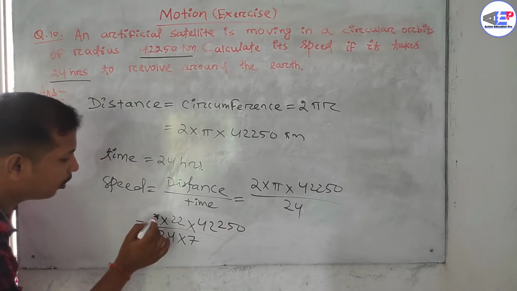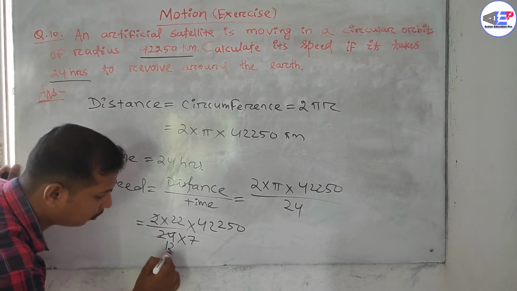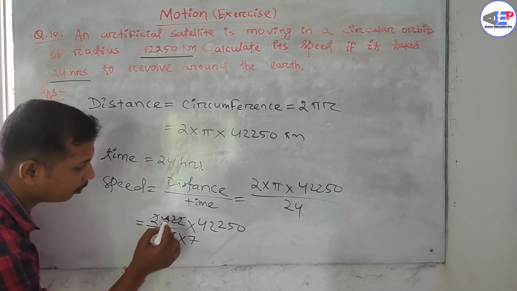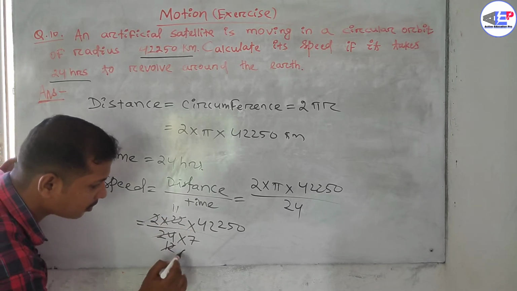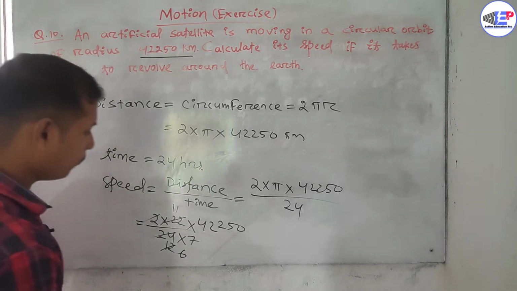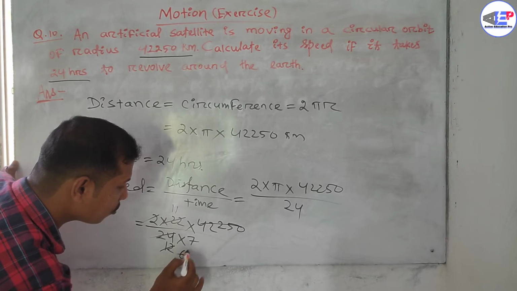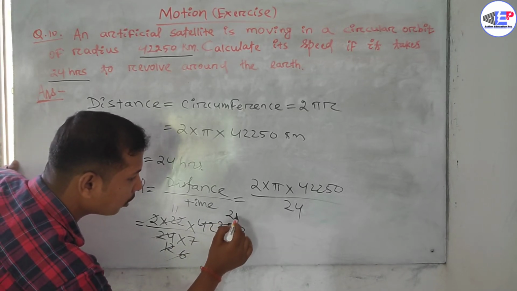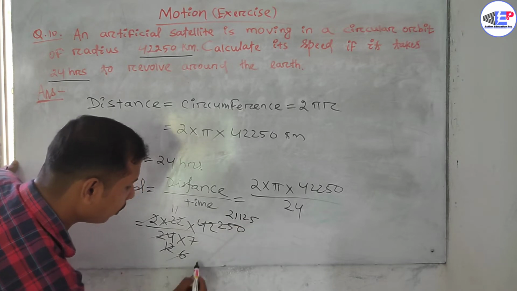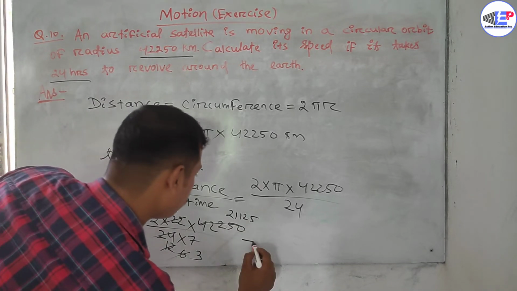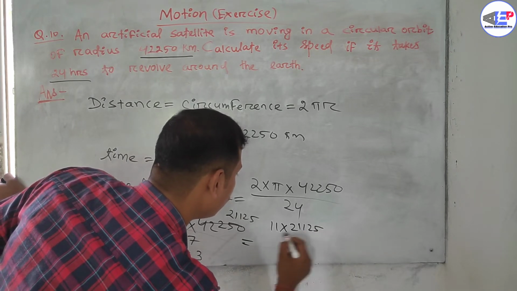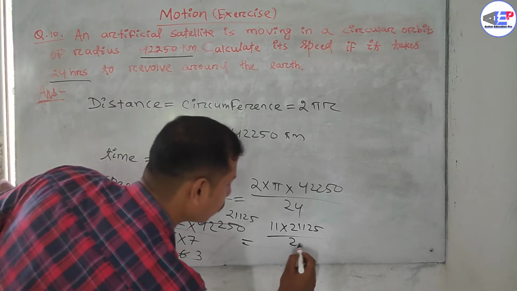By dividing by 2, it will give 12 here. By cancelling with 2, it will give 11 and 6 here. We can divide these 2 by 2, it will give 21,125 and here 3. So now it will be equal to 11 into 21,125 divided by 21.